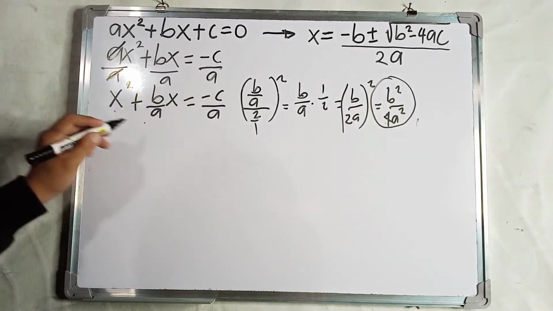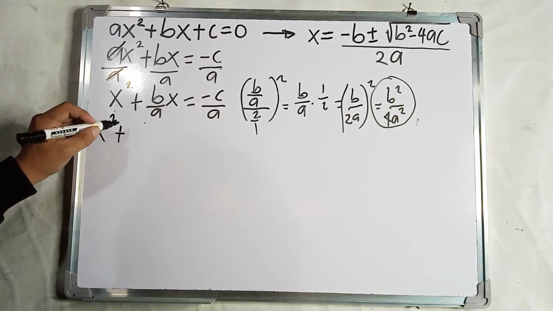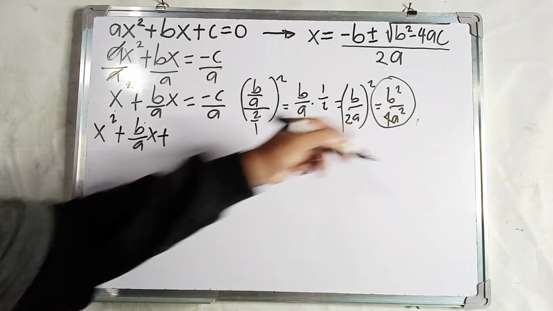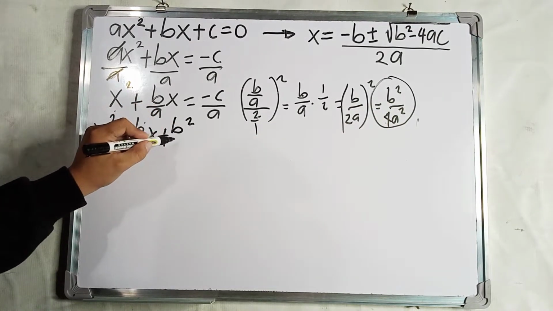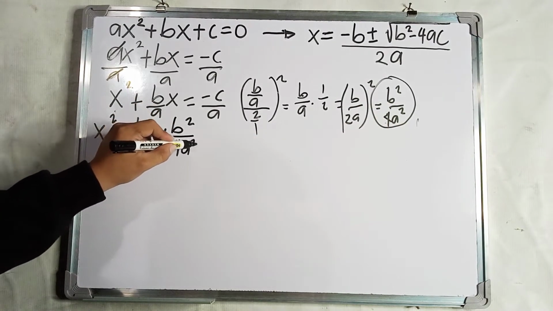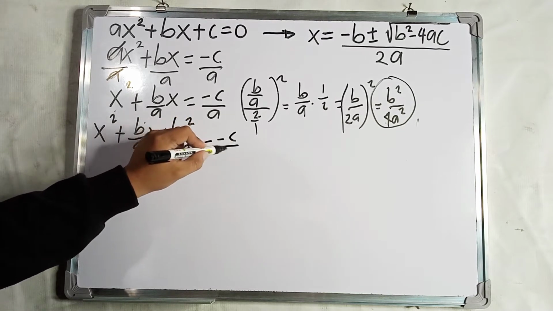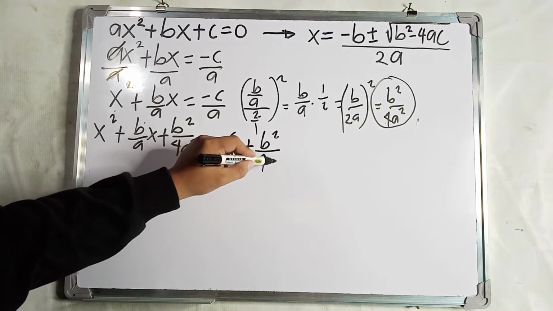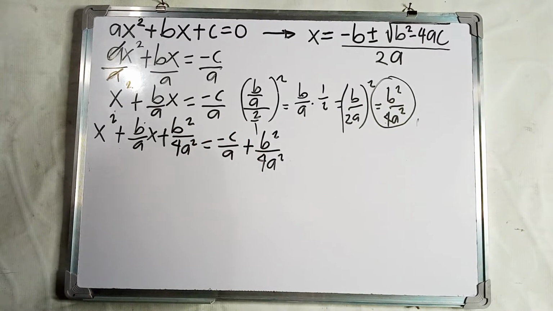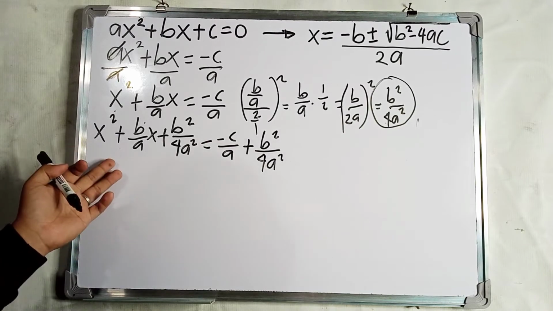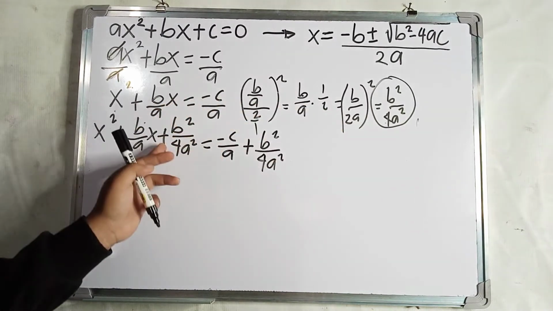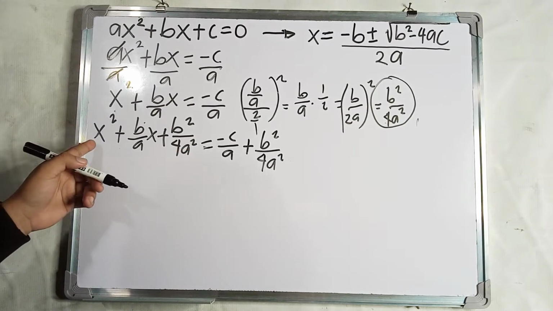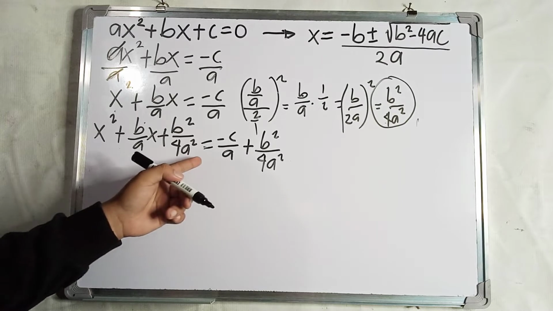So therefore this will become x squared plus b over a x plus b squared all over 4a squared is equal to negative c over a plus b squared over 4a squared. Now, since we added it to both sides of the equation, we are going to factor this trinomial, these three terms.